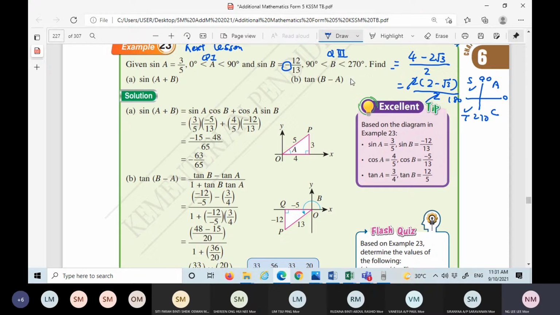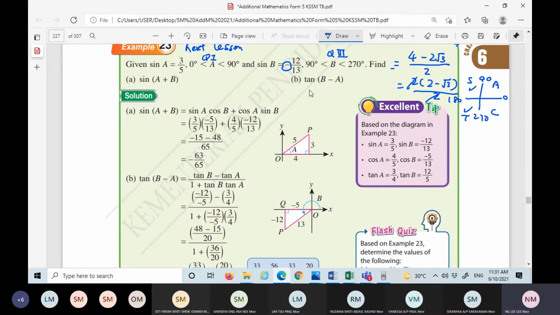This one you all have to analyze before you start. If you are not able to analyze all this, then confirm you will get wrong because of the sign. Because you don't know in which quadrant A and B fall, you will not know for cos or sine whether to use positive or negative sign.